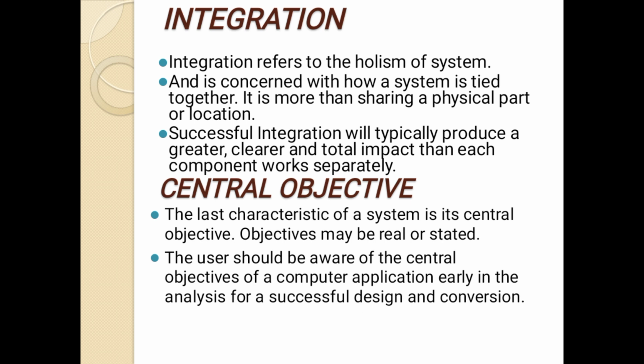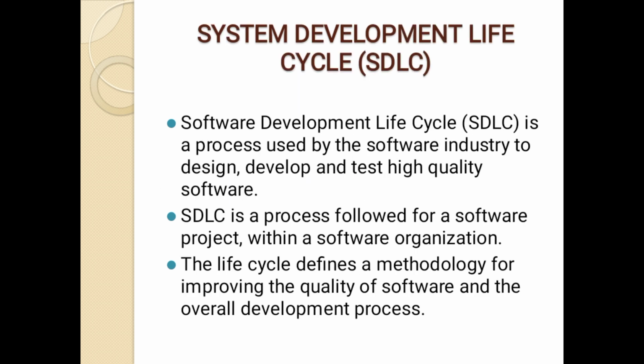The user should be aware of the central objectives of a computer application early in the analysis for a successful design and conversion. The analyst must work around such obstacles to identify the real objectives of the proposed change.